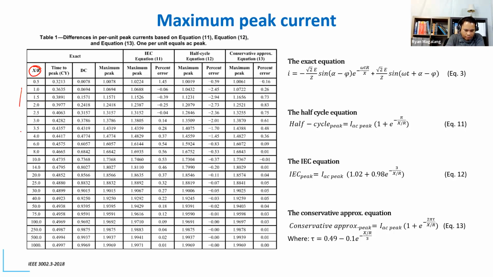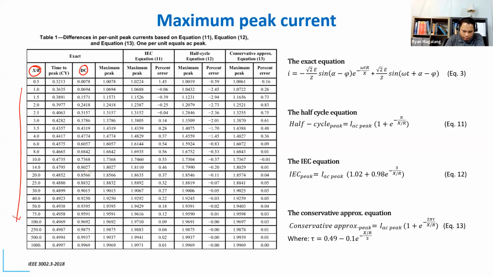As the X/R value increases, you can see 0.5, 1, and so on, the time to peak also increases, and the DC component here also increases.